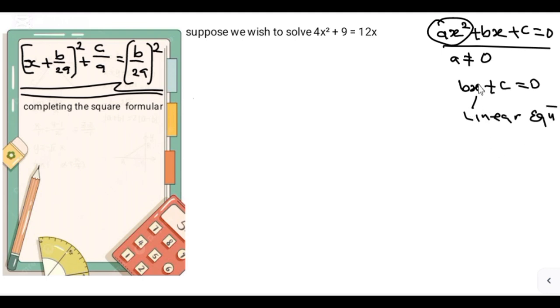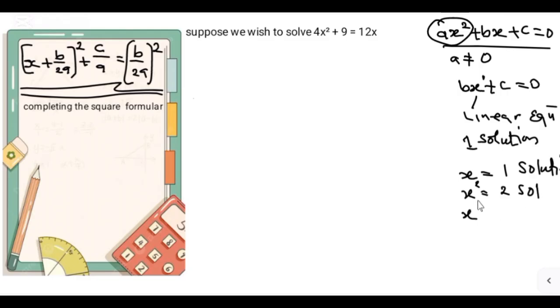And because it's a linear equation and the highest power is 1, you're going to have one solution that will satisfy that equation. If the highest power is 1, you have one solution. If the highest power is 2, you have 2 solutions.